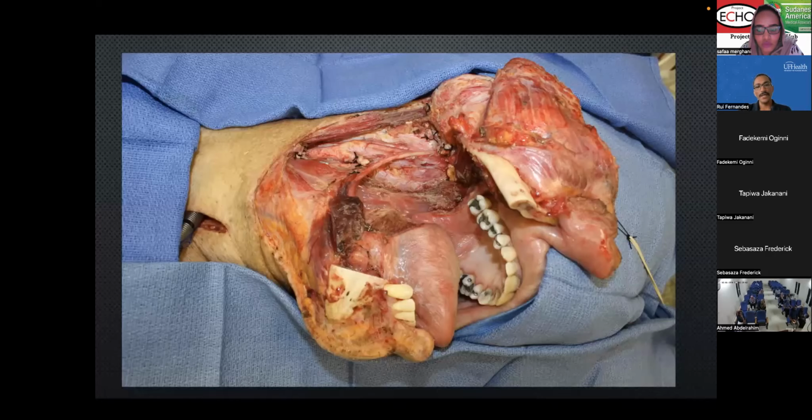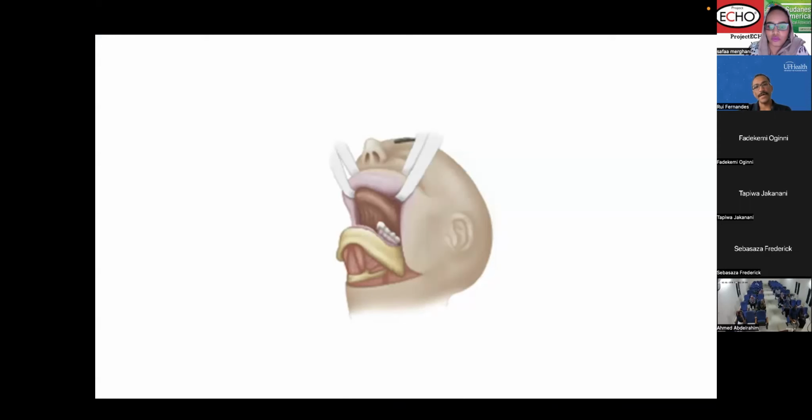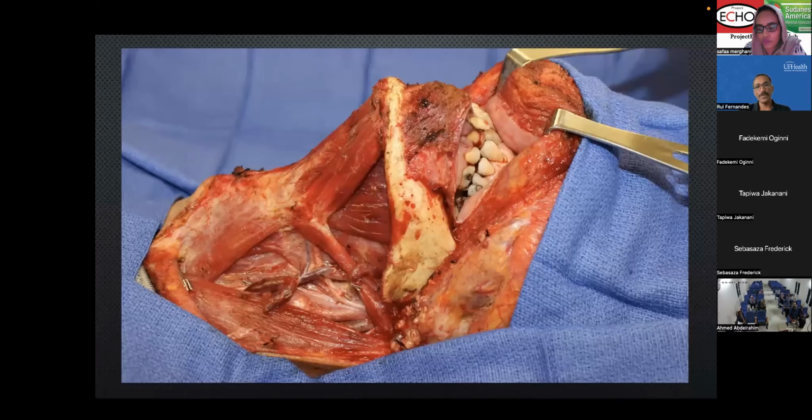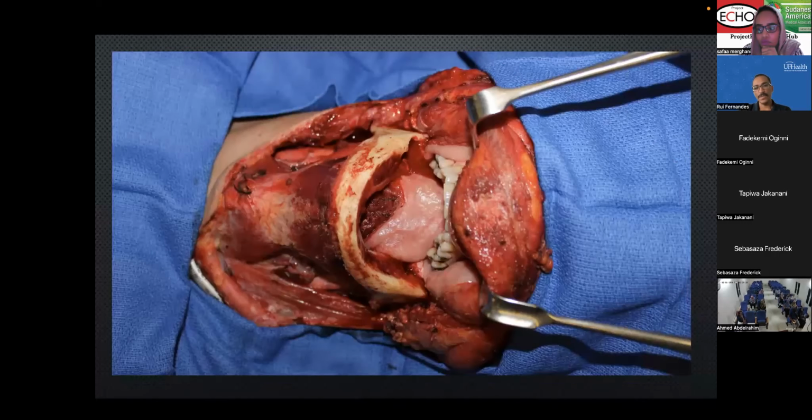You can do a Weisman's approach. Obviously, in these cases, you sacrifice the mental vessels, but it allows you to carry out the resection, as you can see here. Segmental resection can be done transcervically without splitting.